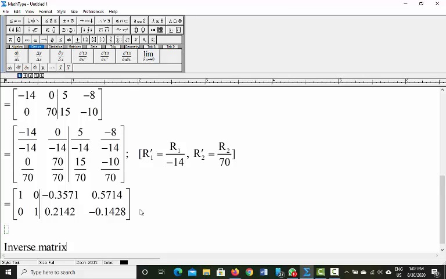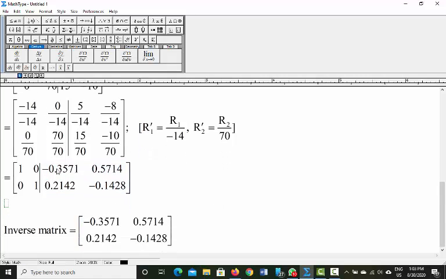So this is the inverse matrix, and this is the answer.